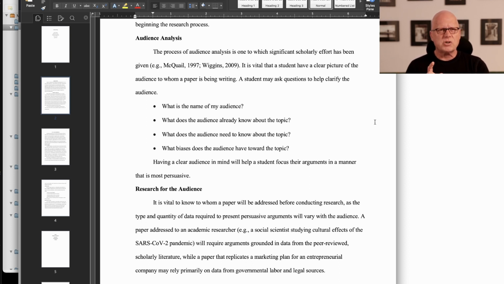So that combination: what the audience knows, that's material you don't have to repeat in your paper. What the audience needs to know, that's material that you should include in your paper.